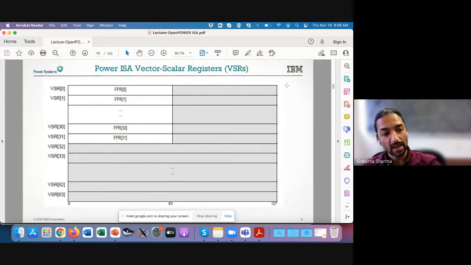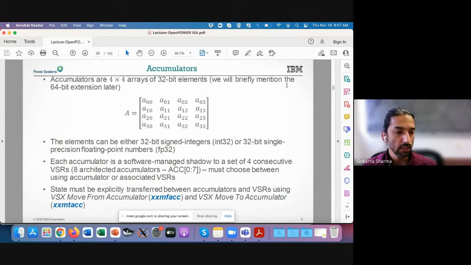If you want the accumulator written here, you only have 32 registers left with 128-bit space. One accumulator needs 4 of these vector scalar registers, so in 32 registers I can only accommodate 8 accumulators. That's what it is.